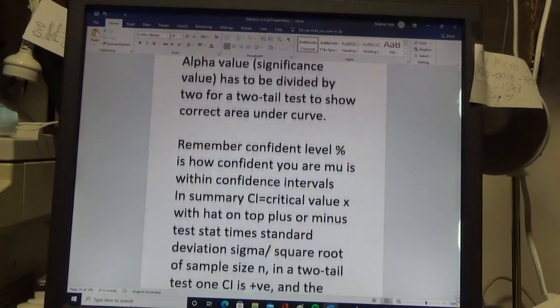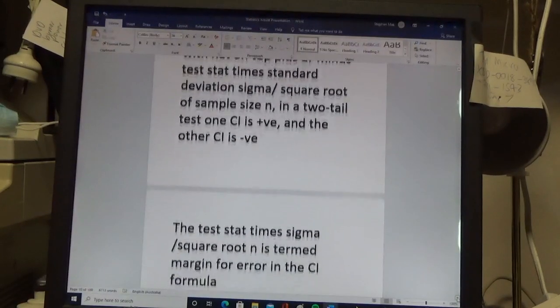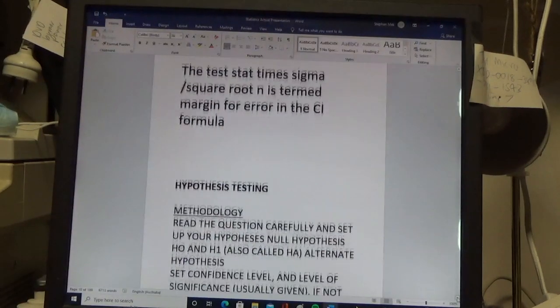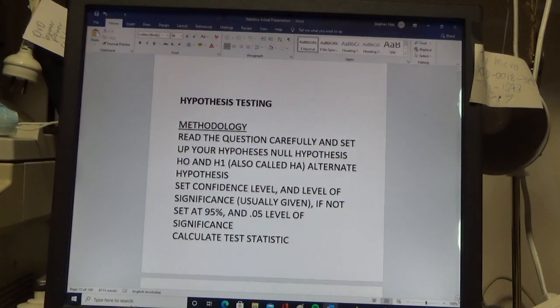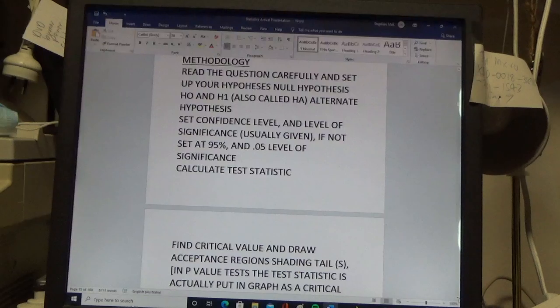I want to get to some points on multiple regression because, so with the methodology, read the question carefully in hypothesis testing. Set up your hypotheses, the null hypothesis H0 and H1, or also called HA for the alternative hypothesis. Set your confidence level and level of significance, find that.